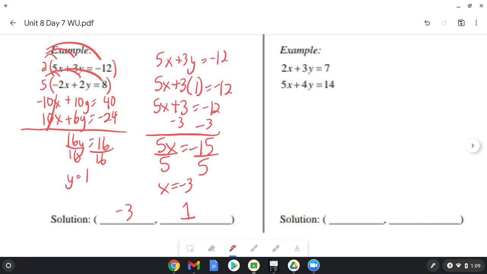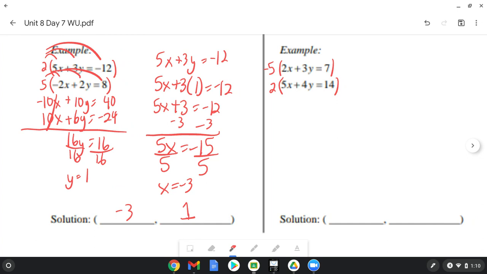For the second one, if we use that strategy that I talked about, taking the top number and multiplying it by the bottom, and the bottom number and multiplying it by the top, they would both be +10. So in order to make one of them a negative, you just got to choose. It doesn't matter if you choose the top or the bottom to put a negative on the outside as well for the number that you're multiplying by.